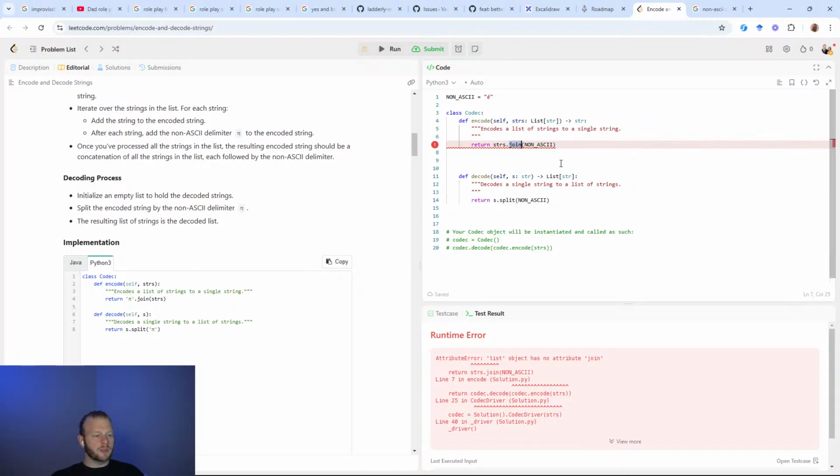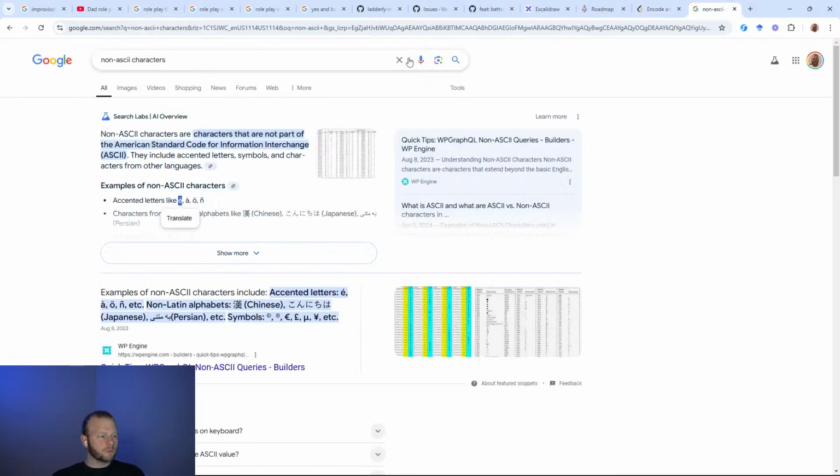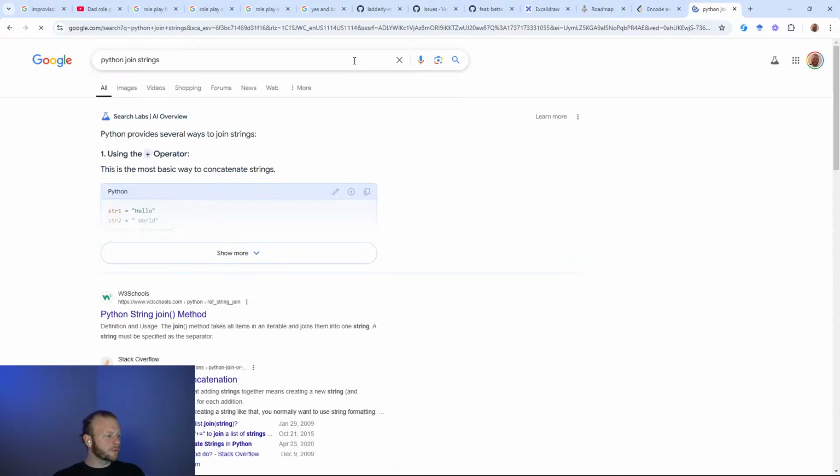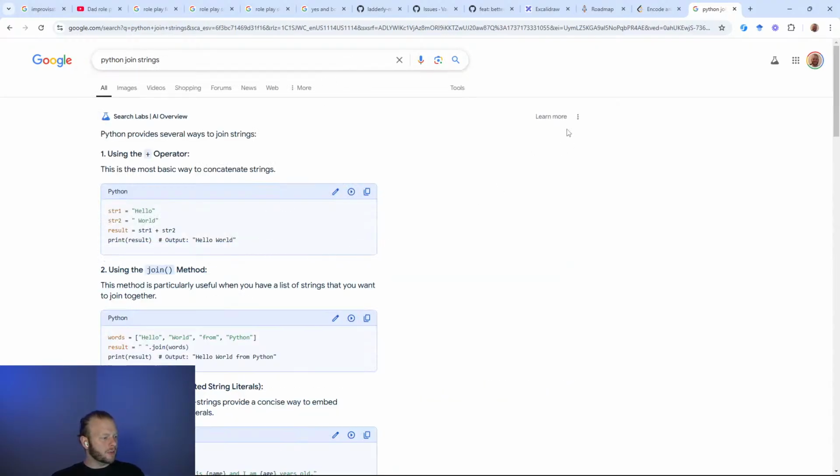It doesn't have join. Oh, that's the JavaScript one, huh? What is it? You just do plus equals, is that? Here's join.